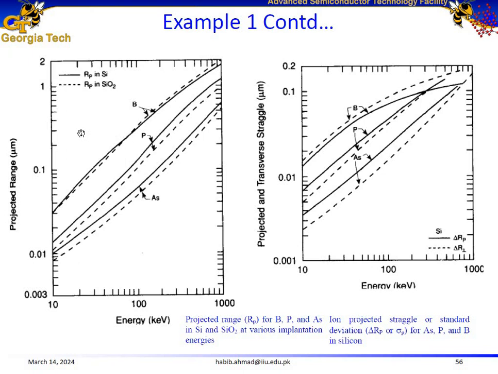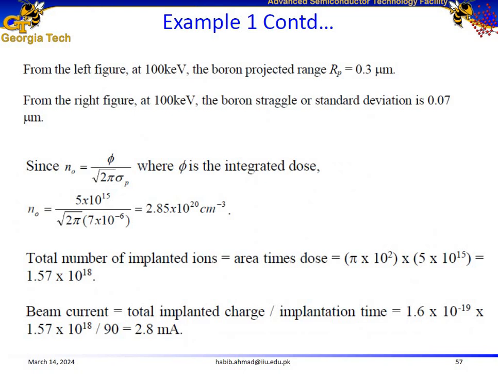The projected range is approximately 0.3 micrometers. And the projected straggle for boron at 100 kiloelectron volts is approximately 0.06 or 0.07 micrometers. So the projected range is 0.3 and the projected straggle is 0.07 micrometers.